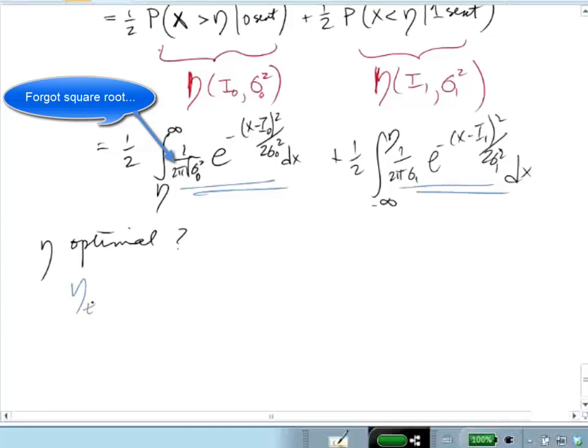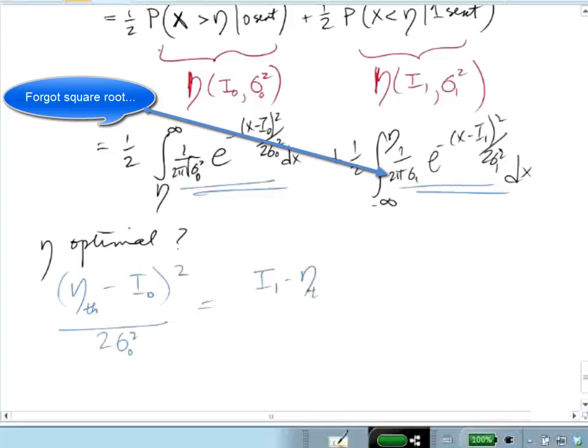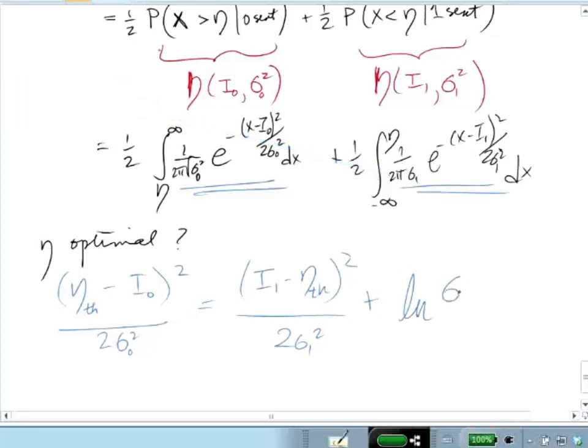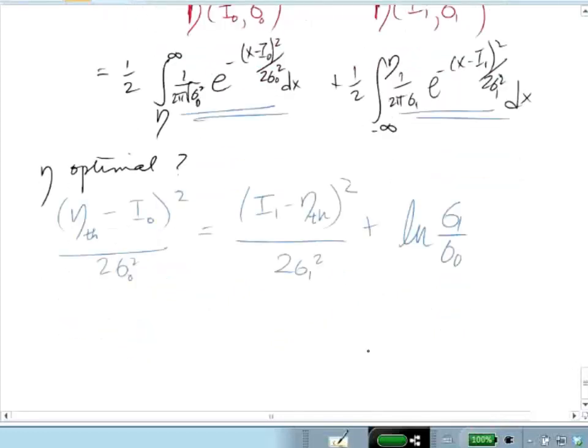So then (theta optimal minus I0) squared over 2 sigma 0 squared would equal, well, (I1 minus theta optimal) squared over 2 sigma 1 squared plus the logarithm of sigma 1 over sigma 0. So I just took the logarithm of both sides to come up with this expression, so I didn't have the exponential in it.